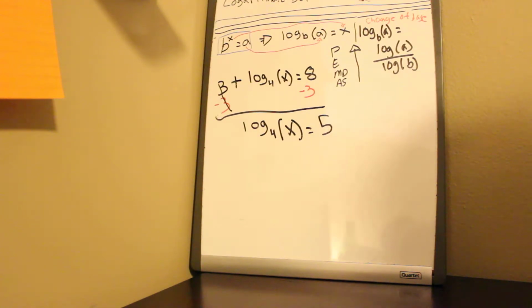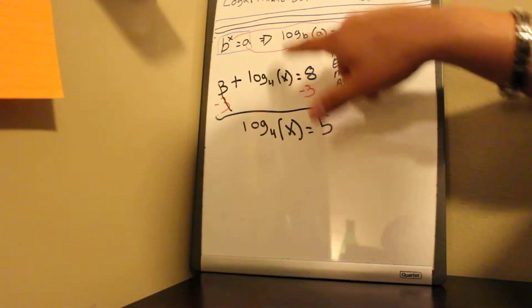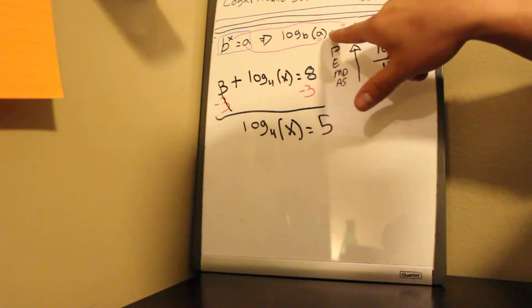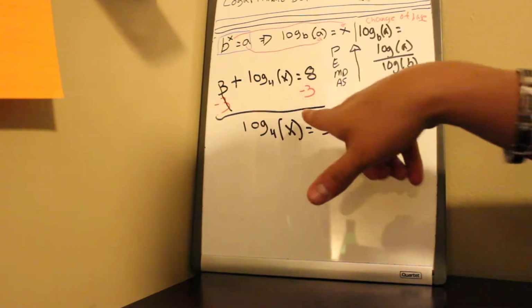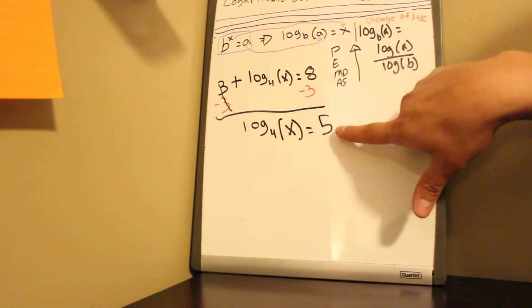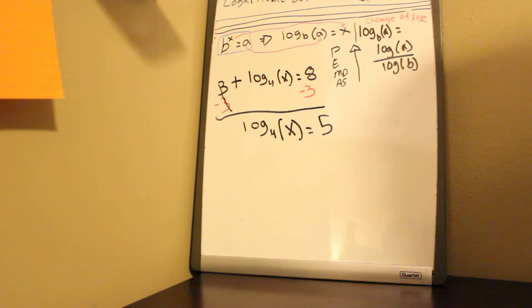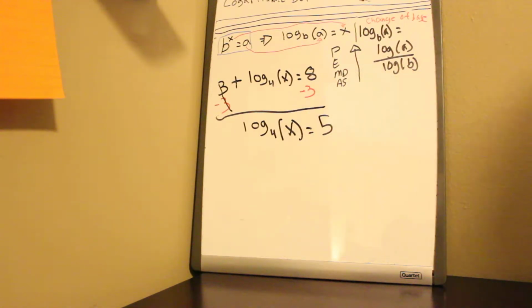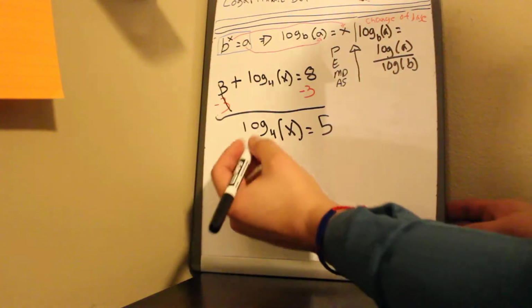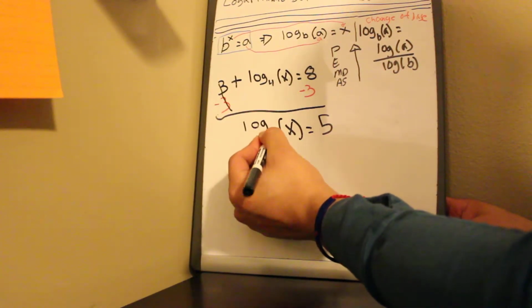Okay, so like before, I'm using this and turning it into exponential. I'm taking this expression here and turning it into an exponential because I'm trying to isolate x. This is one of the strategies that I have available. In order to do that, we notice that this is our base.